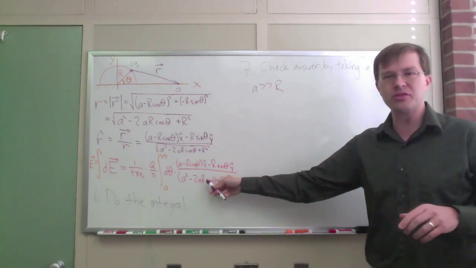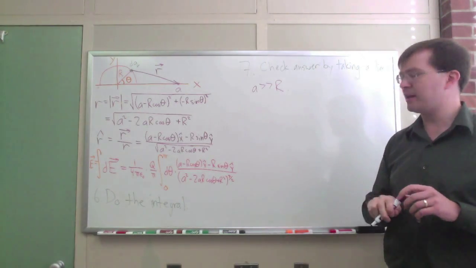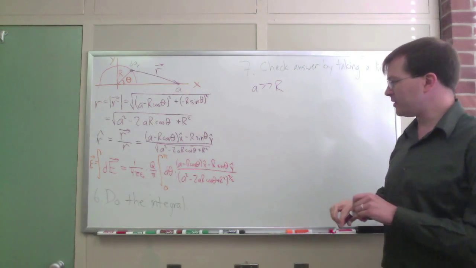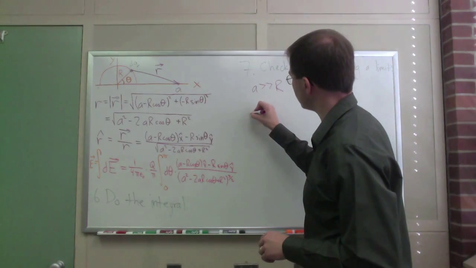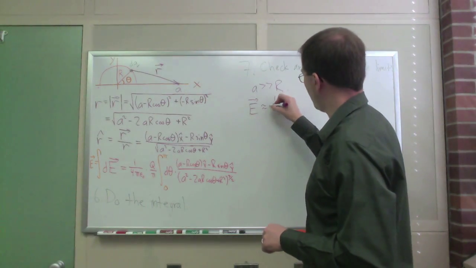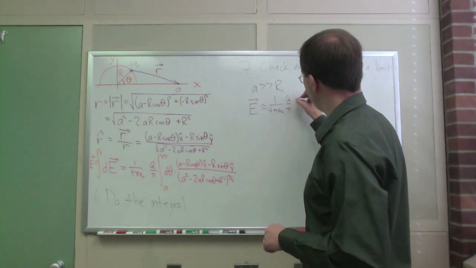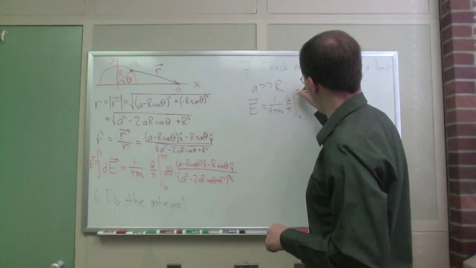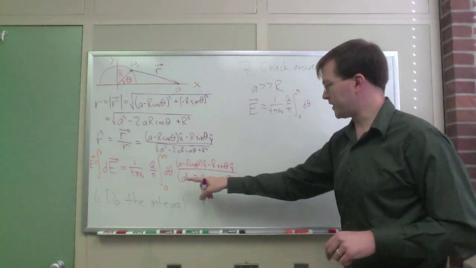I haven't been able to do the integral in general, but in this limit, when a is much greater than my radius r, I can look at this integral. I can say that my electric field is approximately equal to 1 over 4 pi epsilon naught q over pi, integral from 0 to pi of d theta of, okay, the denominator.